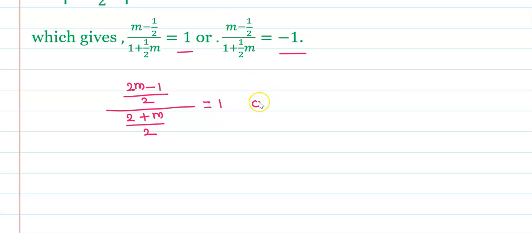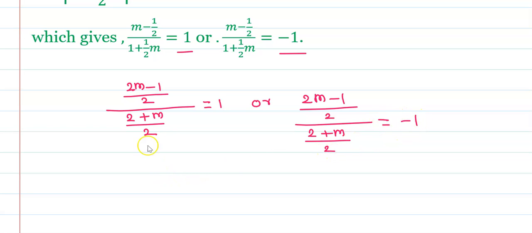What about here? Here is also 2m minus 1 upon 2, and again this divided by 2 plus m upon 2, and that's equal to minus 1.